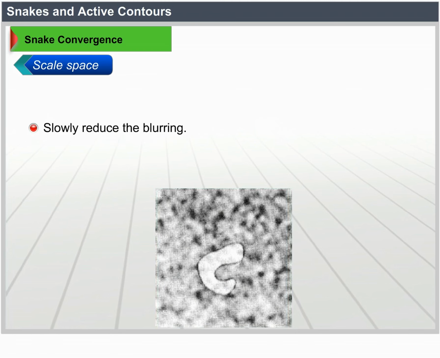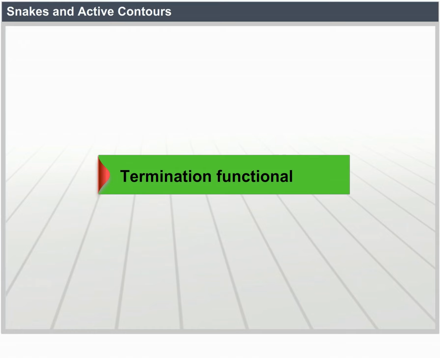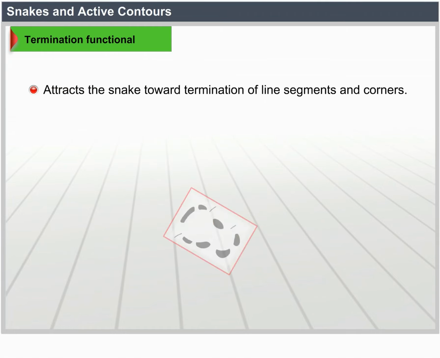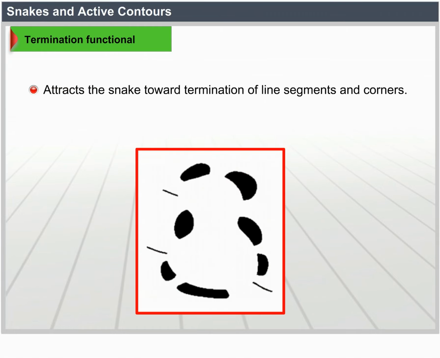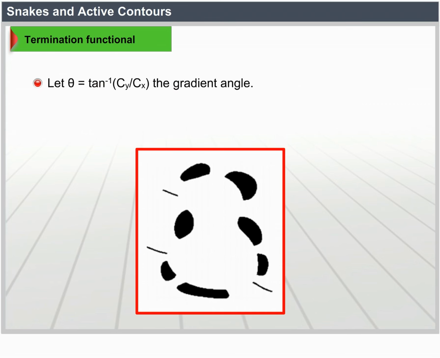Termination functional. It attracts the snake towards termination of line segments and corners. Let C of x, y be equal to G sigma of x, y convolved with I of x, y, the smoothed image. Let theta equal tan inverse of Cy by Cx be the gradient angle.